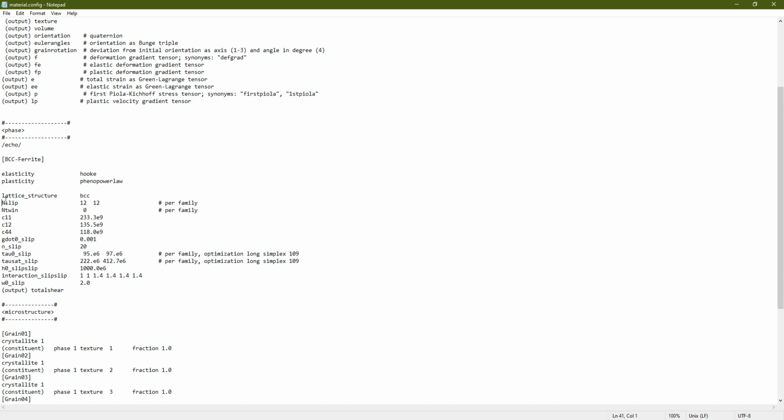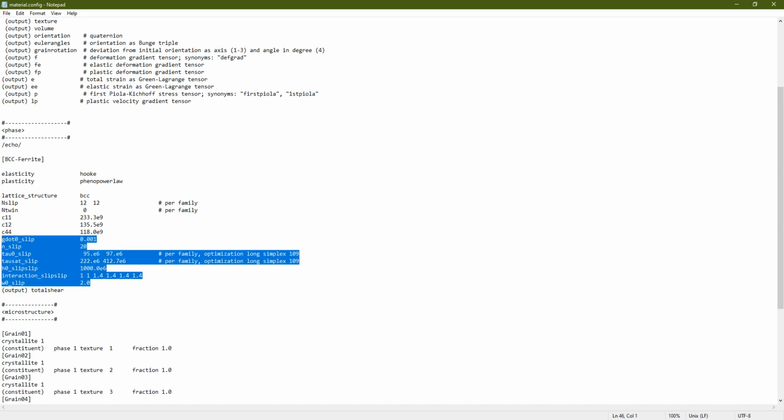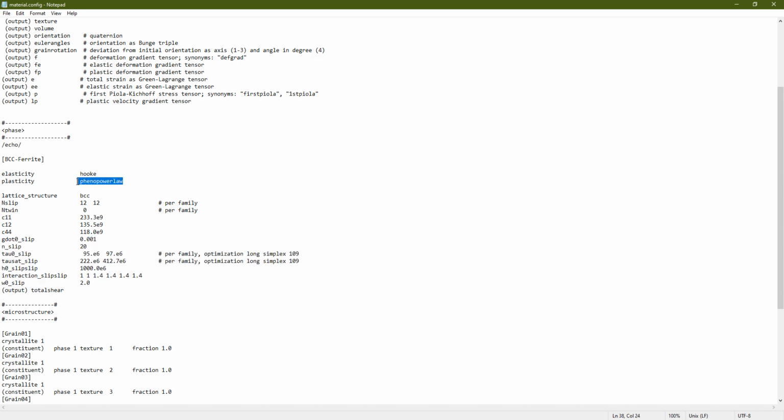These are the number of slip systems, 12, 12, a total of 24 slip systems. Then the number of twin systems is 0. We can also delete that, it will not matter. And then these are the elastic parameters that are necessary to define this. And then these are the plastic parameters that are necessary to define this, right?